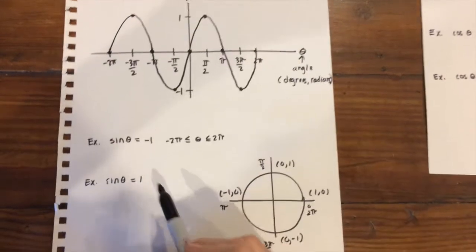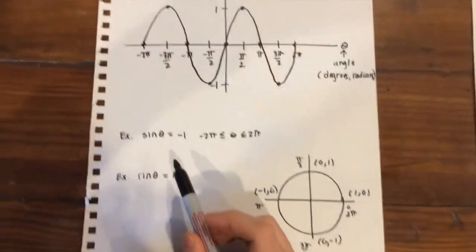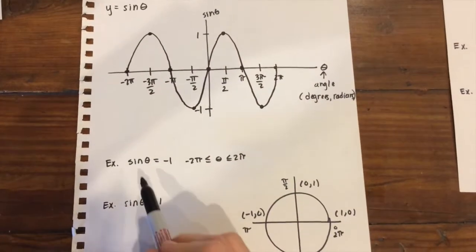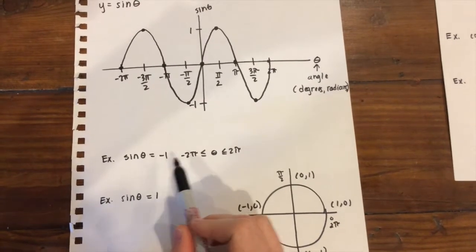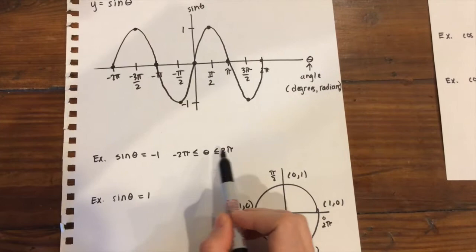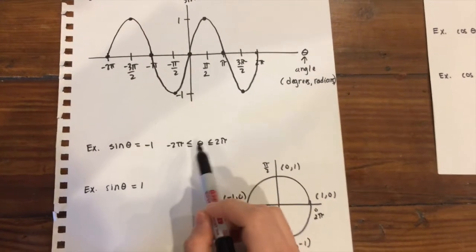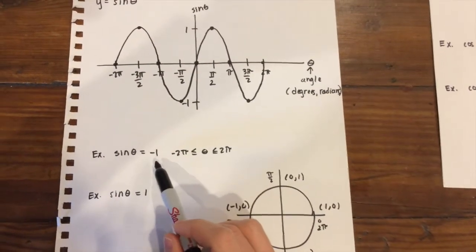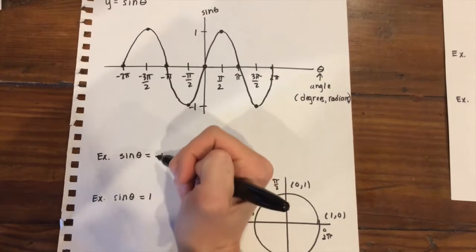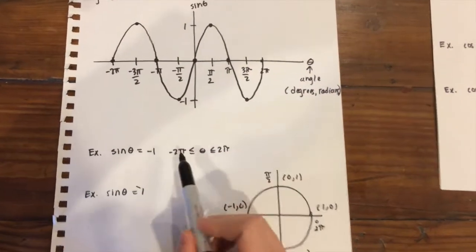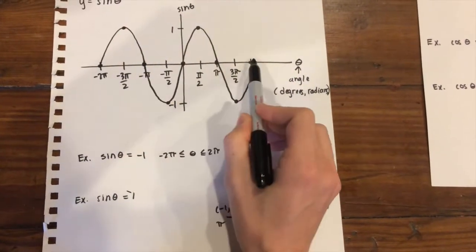Okay? So let's look at 2 examples of questions you could be asked using your sine function. Sine of theta equals negative 1, where theta is between negative 2 pi and positive 2 pi. So basically I'm asking, where does this function equal negative 1 between negative 2 pi and 2 pi?